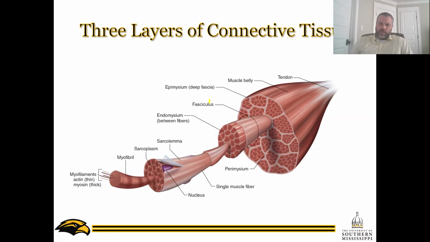So our epimysium being at the top, we have our epimysium here around the outside, the perimysium around these bundles of fibers, and the endomysium between the individual fibers. So just something that you look at. So moving from that tendon to the muscle belly all the way out to the myofilaments, or our contractile proteins, is what we're seeing here.